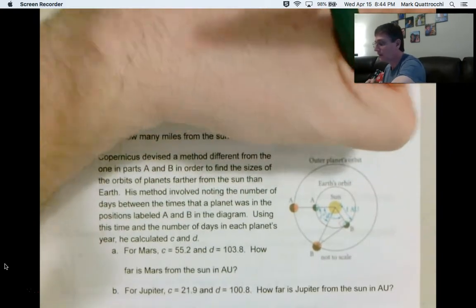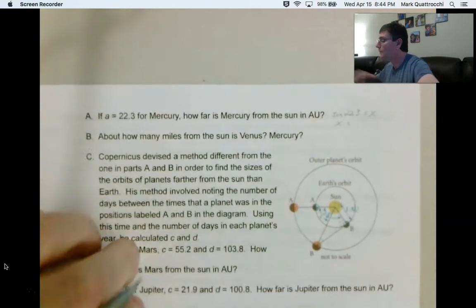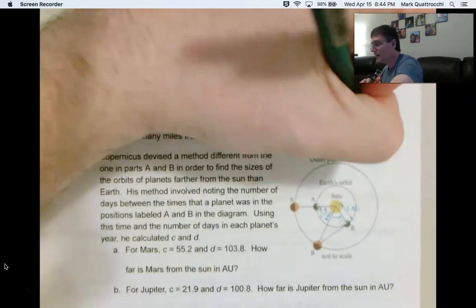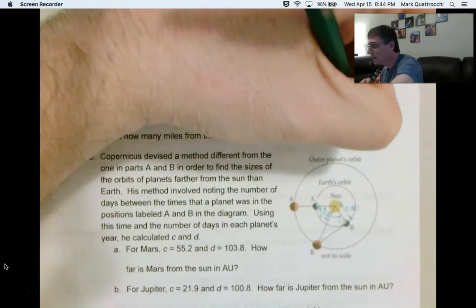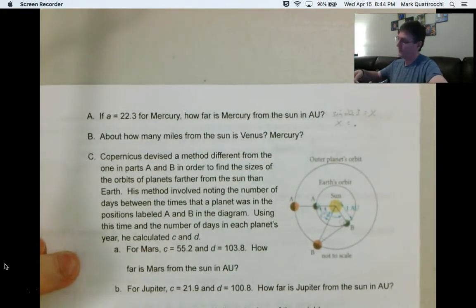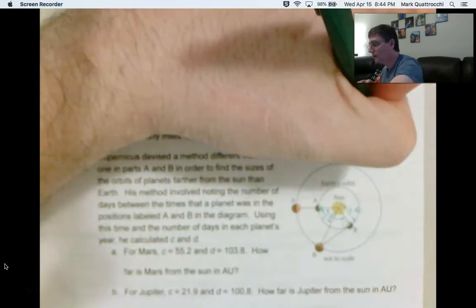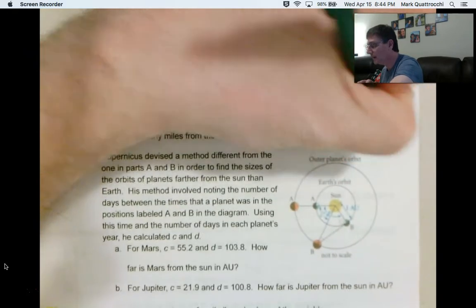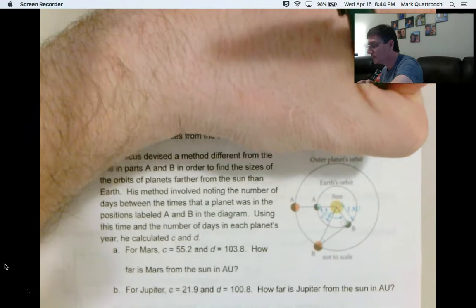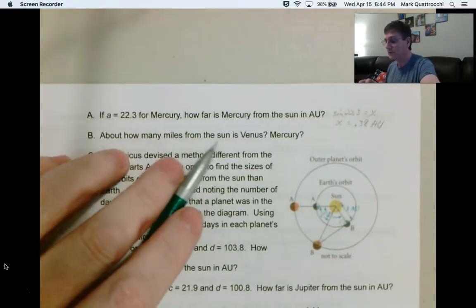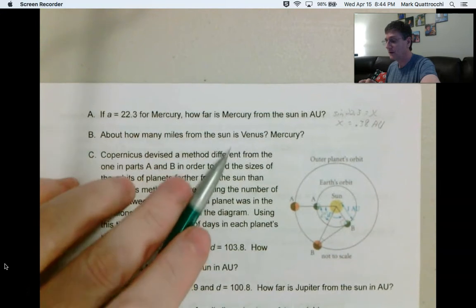So x is equal to the sine of 22.3, and we get 0.38 when we go 2 decimal places. 0.38 astronomical units, or AU.